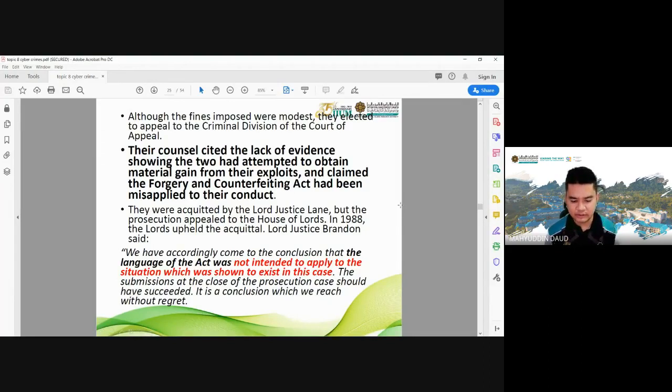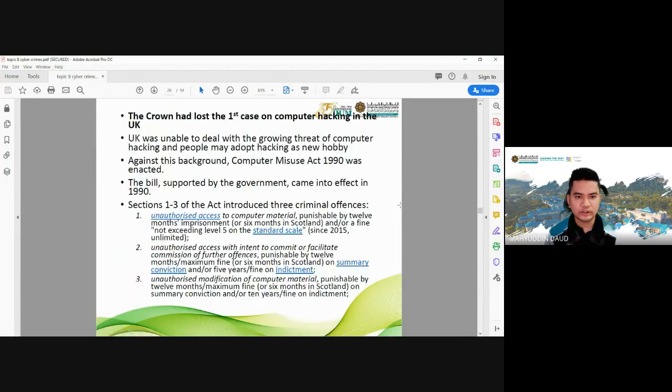It's not really in the correct context. The court also concluded that the language of the act was not intended to apply to this situation. So this was what the court found lah. Because of that, the prosecution service had lost the first case on computer hacking in the UK.